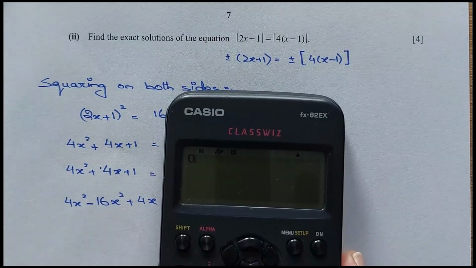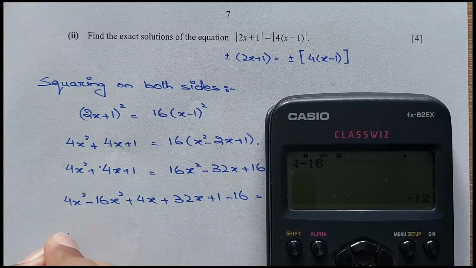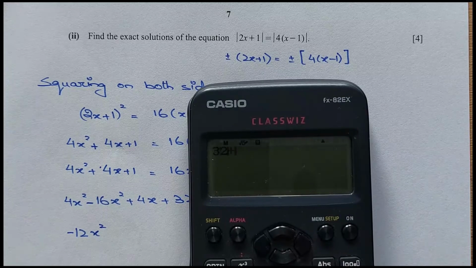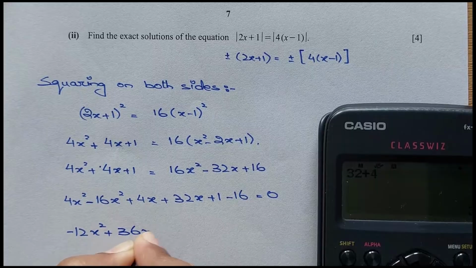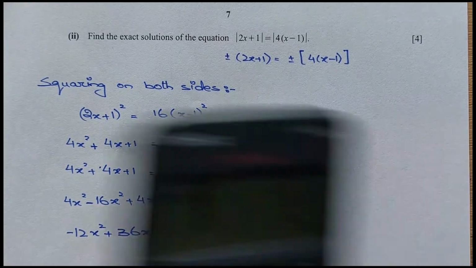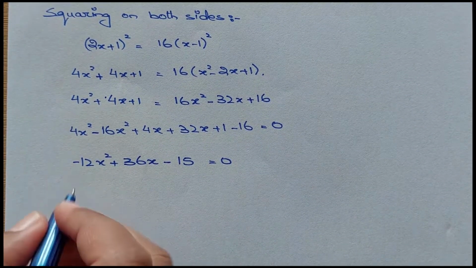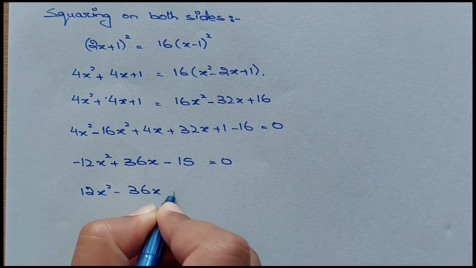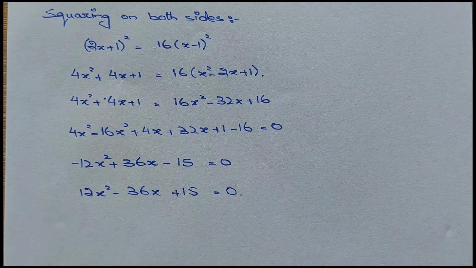Okay, 4 minus 16 is negative 12x square, and 32 plus 4 is 36, so plus 36x, and negative 15 equals 0. Okay, so now let me take a negative sign common. So we have 12x square minus 36x plus 15 equals 0. Okay, so we have a quadratic equation.